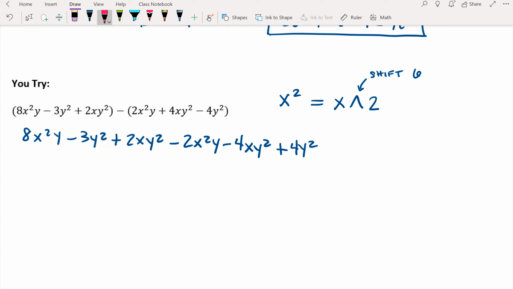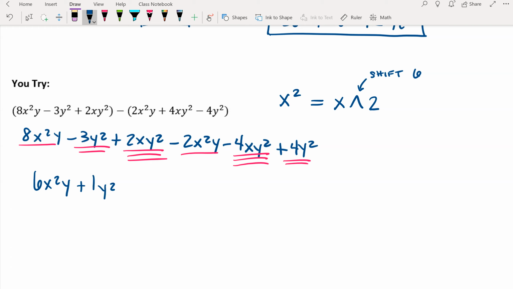And then we find our like terms: x squared y, y squared, xy squared, x squared y, xy squared, and y squared. Okay, and then I can combine. 8 minus 2 is 6x squared y, negative 3, positive 4, that's plus 1 y squared.